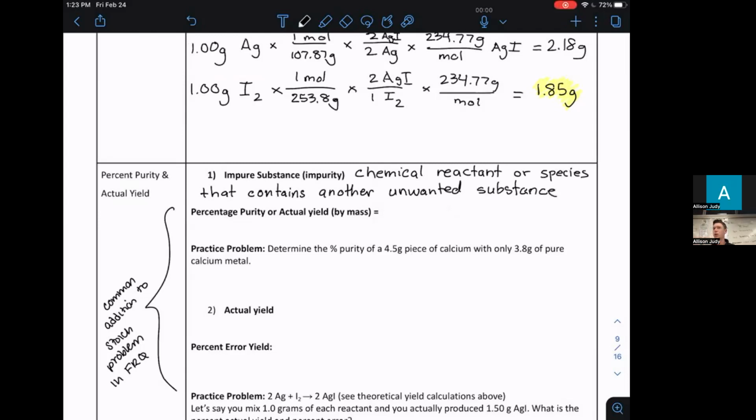This is probably usually with solids. So you could have some metal contaminated with another metal or something like that.